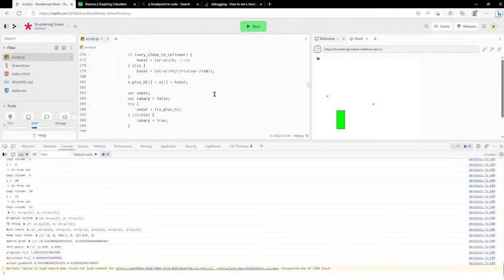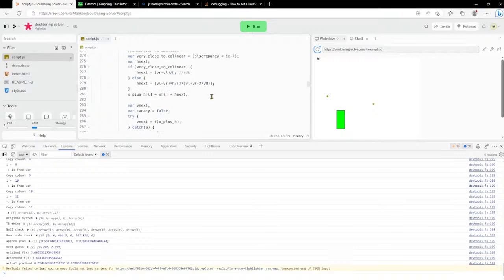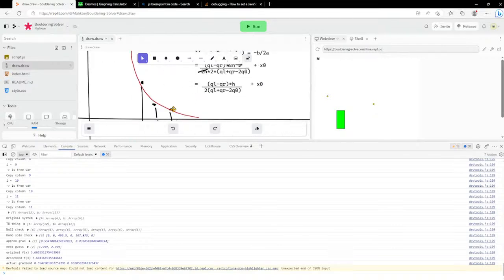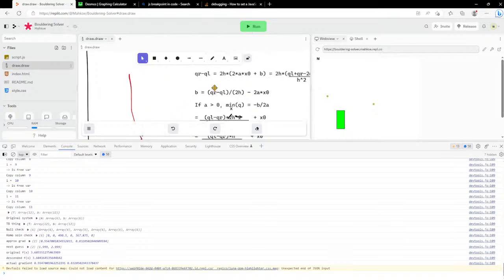Now I don't understand. If I set A to 1, and I have 3 points that are close to collinear, so B, oh wait, minus B over 2A. So it's x naught plus QL minus QR. So I forgot the minus sign.